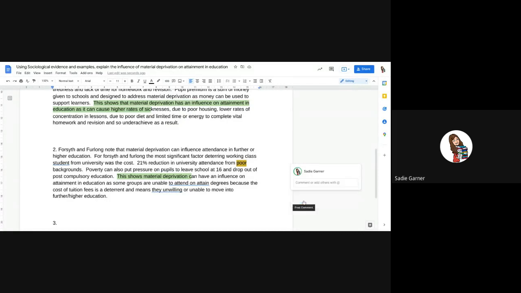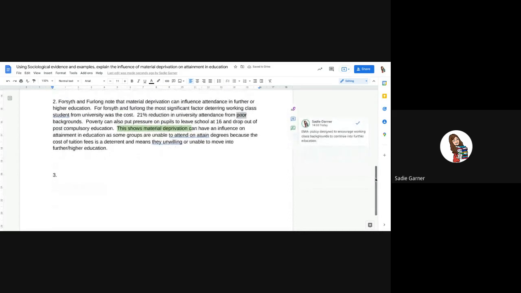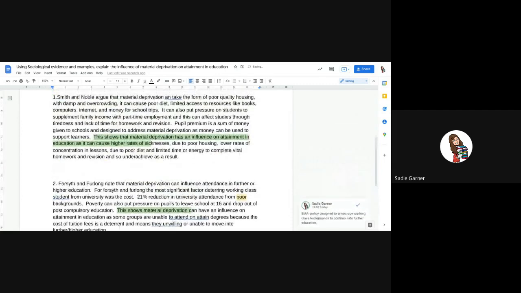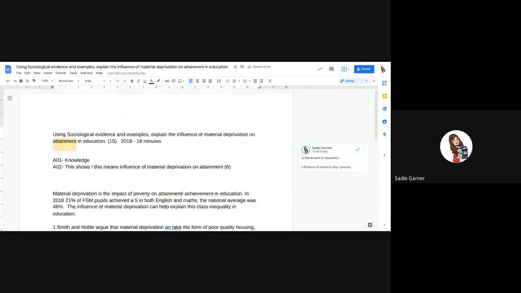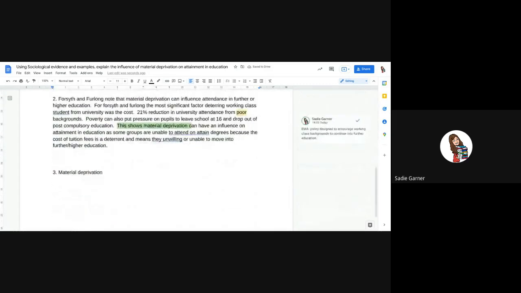Just for those of you who've already done policy, you can touch on it there just to add a little bit more knowledge. Okay, paragraph 3. So material deprivation. Again, I'm going to keep reading the question. Material deprivation has an influence on attainment.